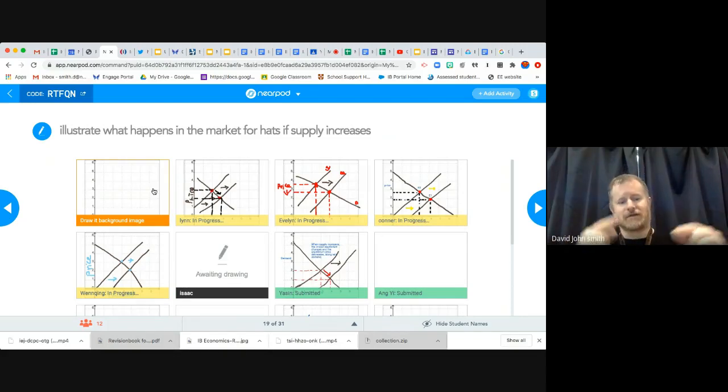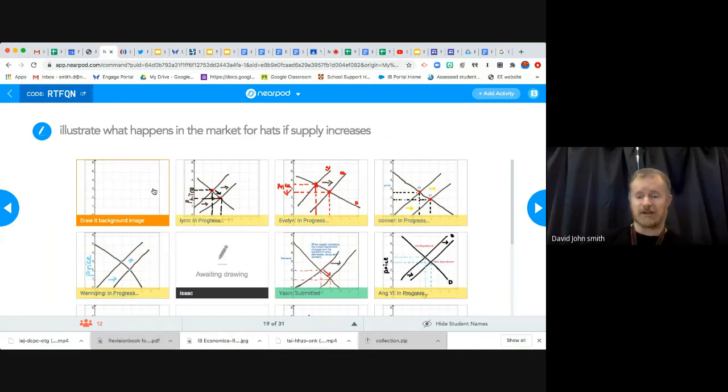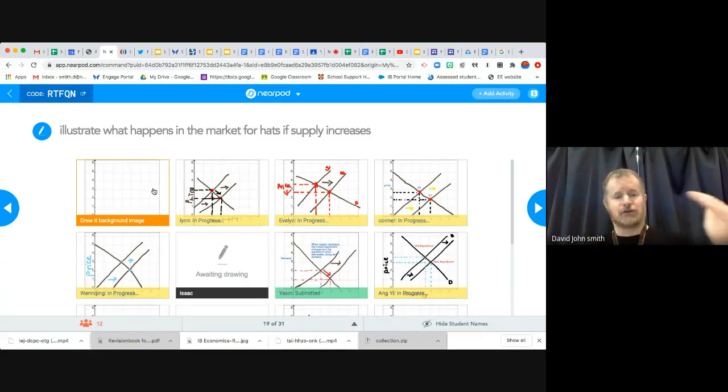Then you have to work out what has happened. Where is the new equilibrium? What has happened to price? What has happened to quantity? When we start looking through some of your multiple choice questions, that's one of the favorite things examiners like doing: not showing just one shift, but showing two shifts, demand and supply changing, and then you have to work out what's happened to the price. It might also be that there are two demand shifts or two supply shifts, and what has happened to the market.